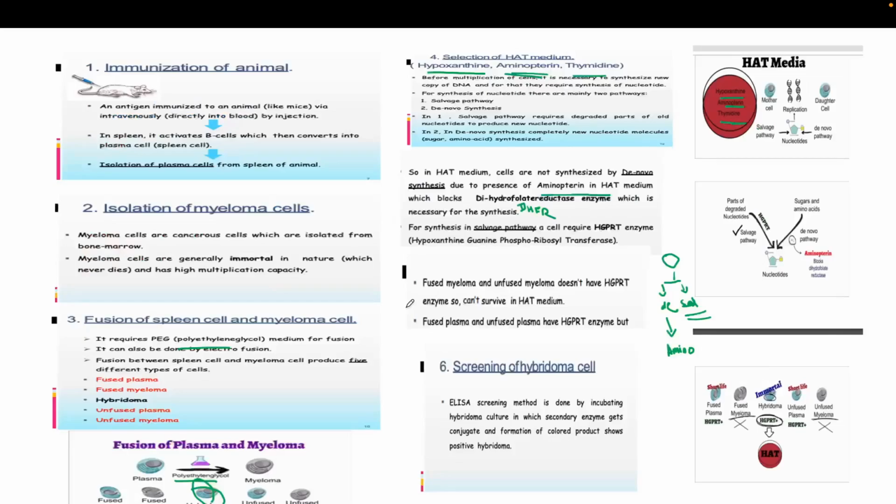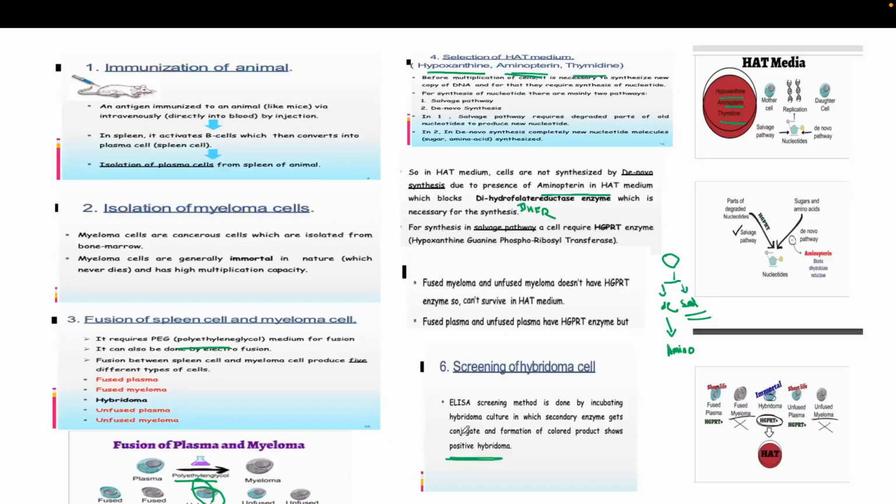Once this selection process is done, we have to screen the hybridoma cells for desired antibody production. The ELISA screening method is done by incubating the hybridoma culture, in which a secondary enzyme gets conjugated, and formation of a colored product shows the positive hybridoma.